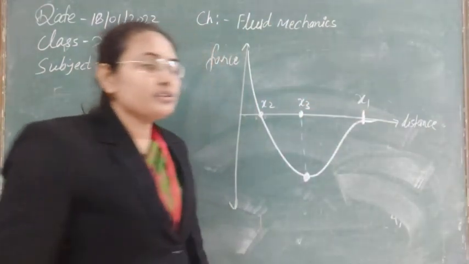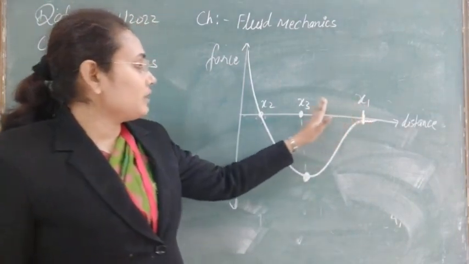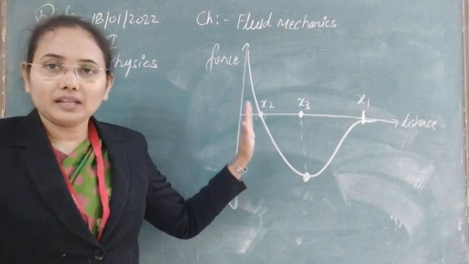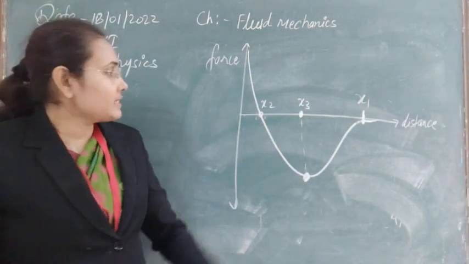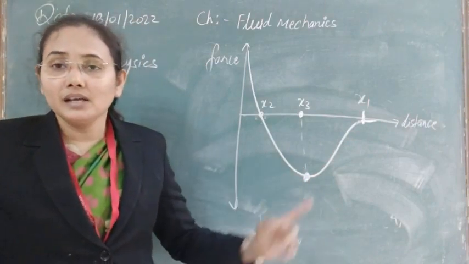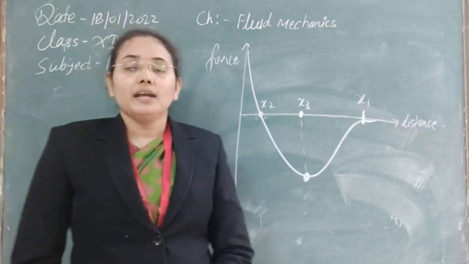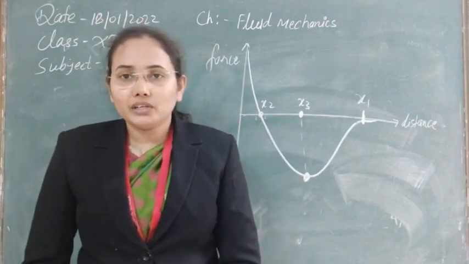So when the distance starts to decrease from the point x1, meaning it is less than x1, at that time we see the graph going in the negative direction. This shows that the force is negative, and negative force means that the force is attractive in nature.